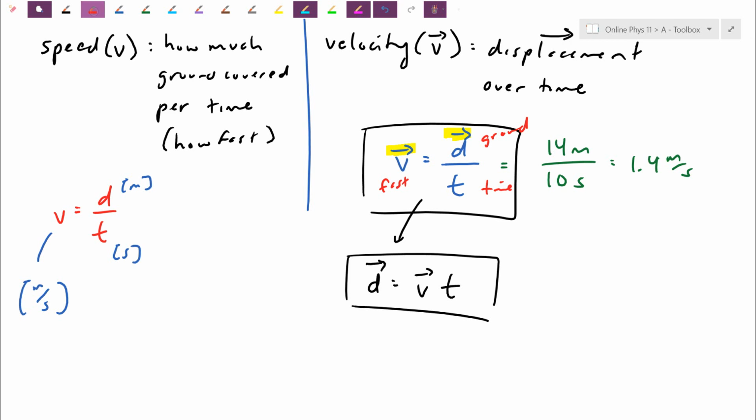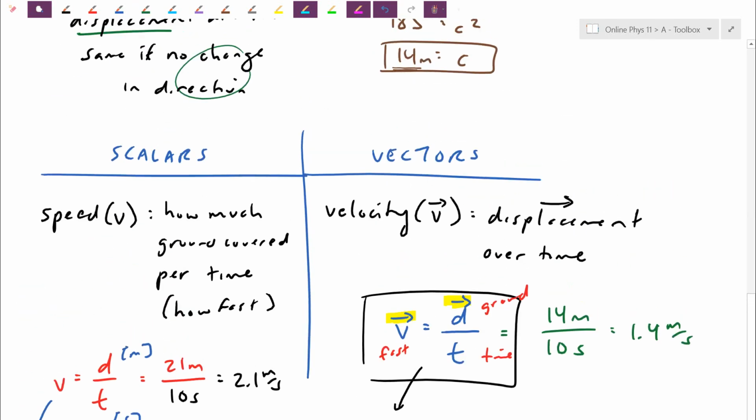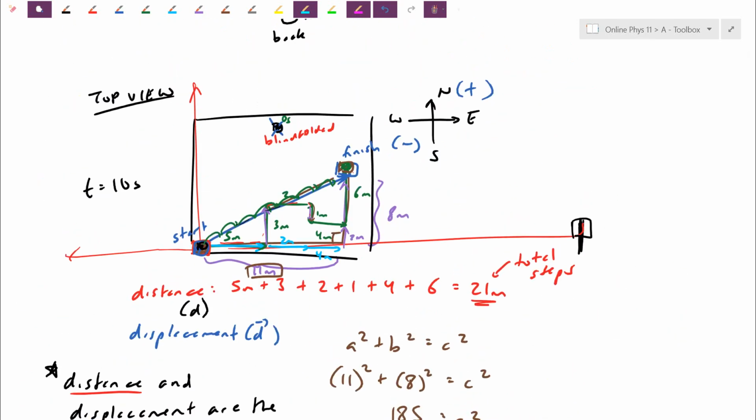And this time, speed and velocity are different. My distance was 21 meters, right? I actually traveled this path zigzagging back and forth. It was 21 meters. Time we're going to see as a scalar. That's going to be helpful for later on. When I go 21 divided by 10, my actual average speed was a little bit higher, 2.1 meters per second. So what that's saying is, if I look at the actual path I took, I went east, north, east, then this way.